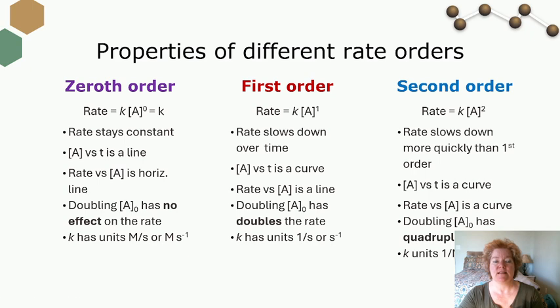So I can see that if I double the concentration for 0th order, no rate change. For first order, I get a doubling of the rate. And for second order, I get a quadruple effect in the rate. And my K units for a second order is inverse molarity inverse second.